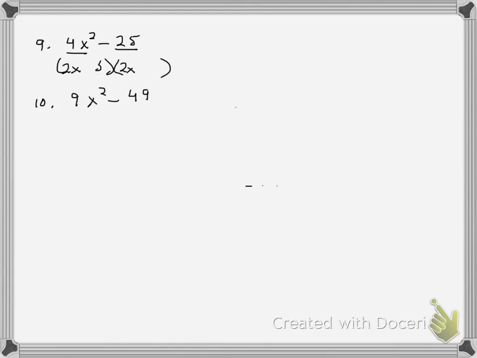Square root of 25 would be 5, and now notice what happens. If one is positive and the other is negative, the first terms are going to be 4x squared. The outer and inner are going to be positive 10 and negative 10, so they'll cancel each other out, and the last terms will be minus 25. This is called the difference of squares, so you'll want to review that.